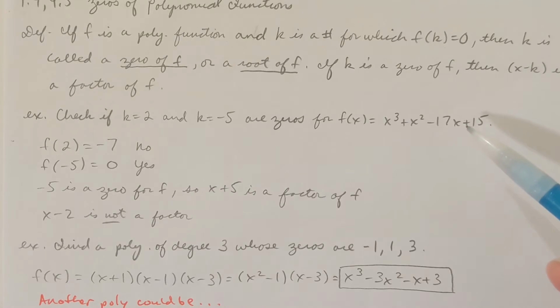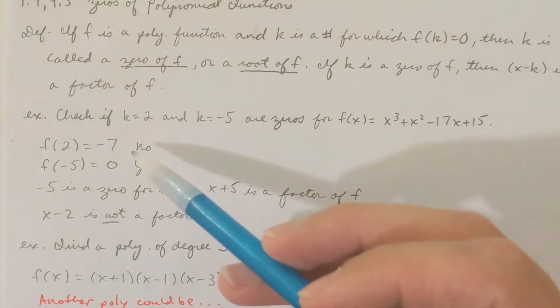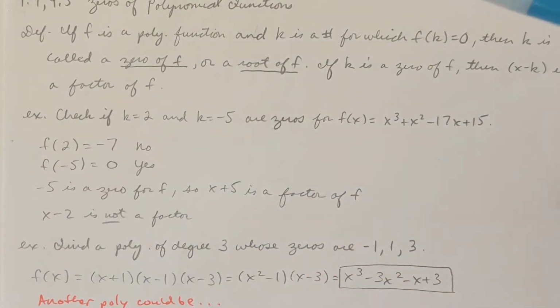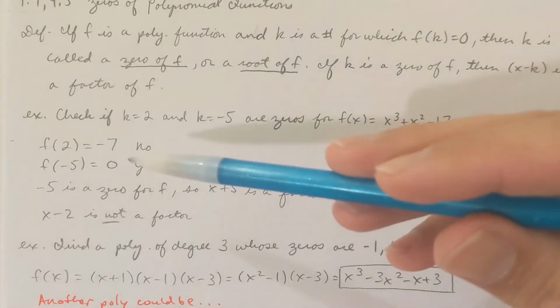So I get -22, plus 15 is -7. No, I don't get a 0 out of f. And so f of 2 is equal to -7.